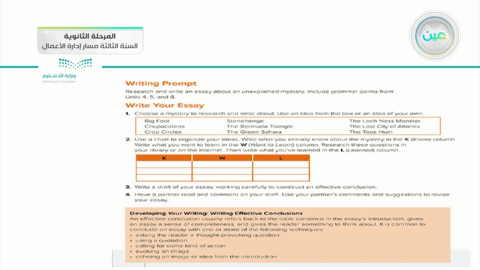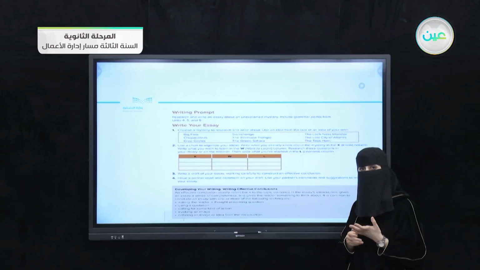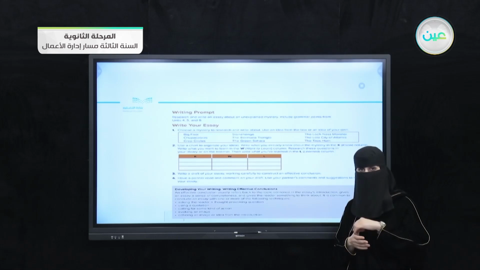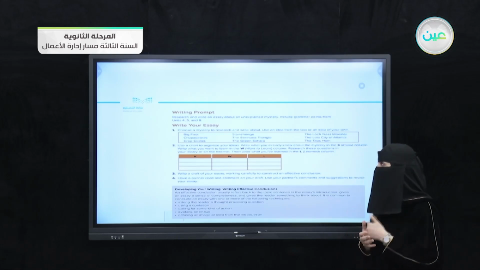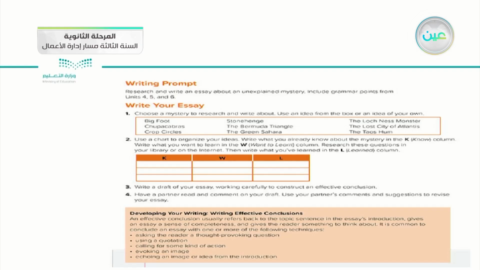Now, after we discussed the article and how we apply it in our essay, we also have some points we should apply in the writing prompt. That's the last point of our lesson today: the writing prompt. Research and write an essay about an unexplained mystery.